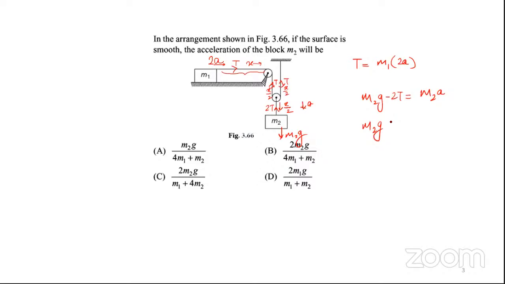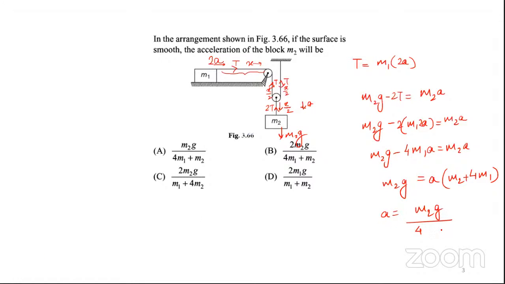Taking this as M2A, this will be M2G upon 4M1 plus M2. All right, that is option A.